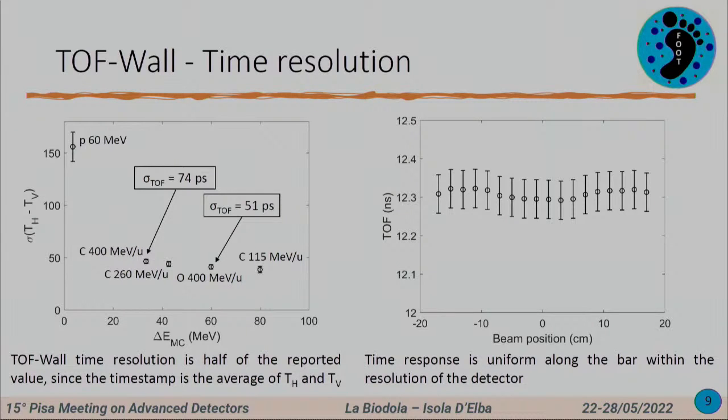And you can see that between the 2 layers, we obtain a time resolution of 150 picoseconds for protons with 60 MeV of energy, and a time resolution between 50 and 35 picoseconds for carbon ions from 400 MeV per nucleon to 100 MeV per nucleon, and we tested also oxygen ions.